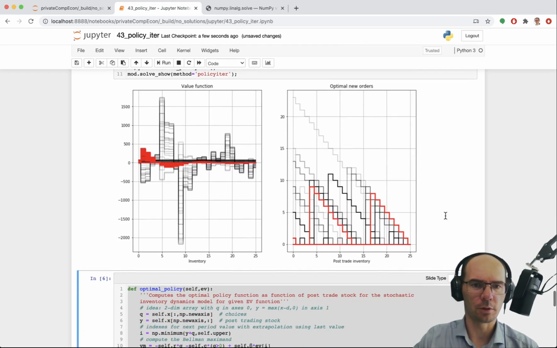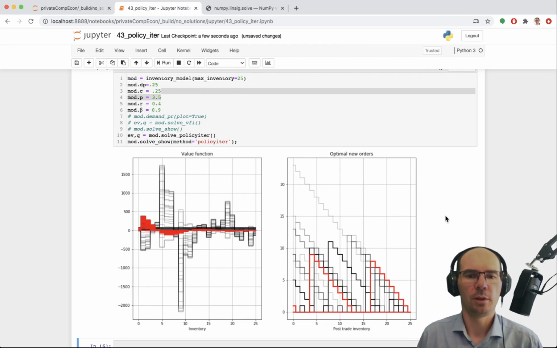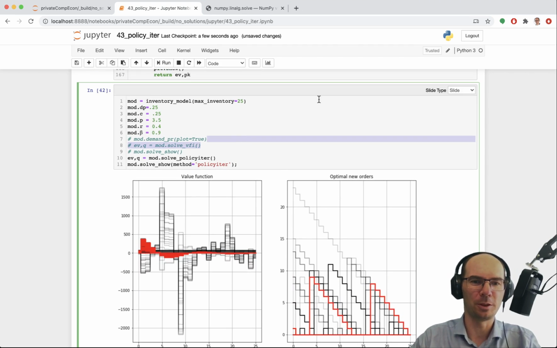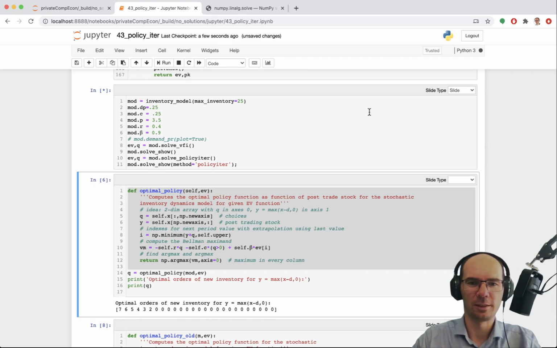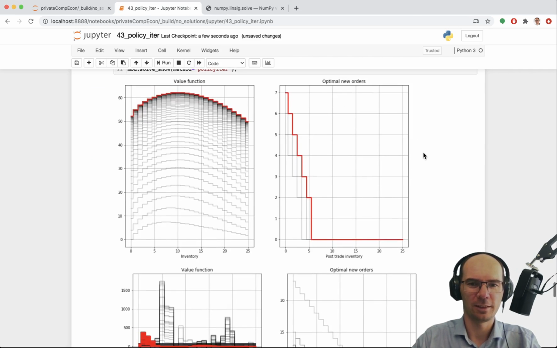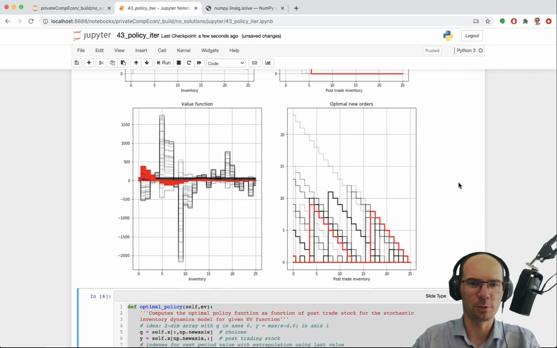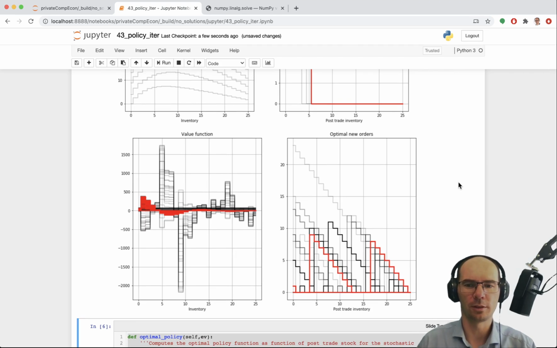Did we converge? Seems so, but clearly the results that we get are very different from what we had from value function iteration. Look at this. This is the value function iteration solution, and this is the solution from the policy iteration.